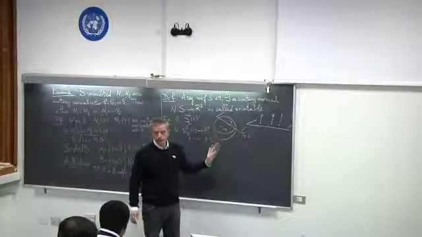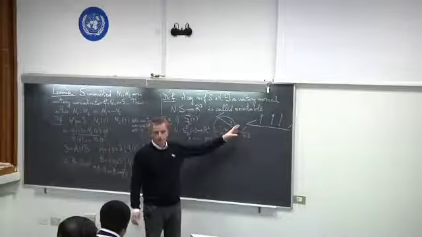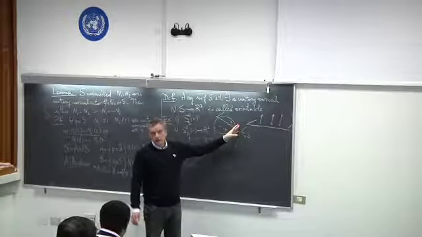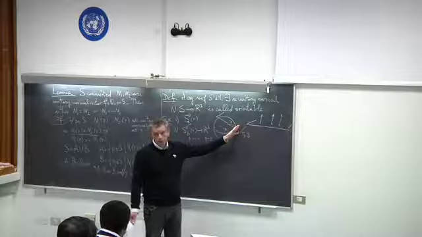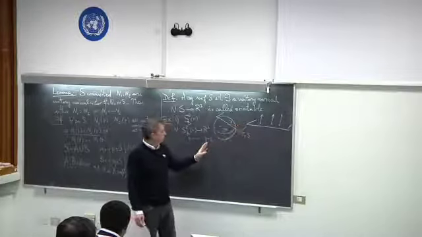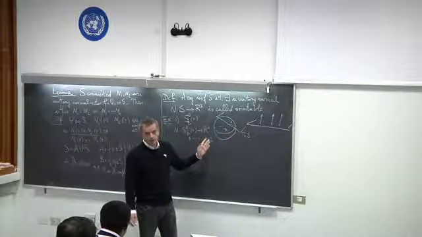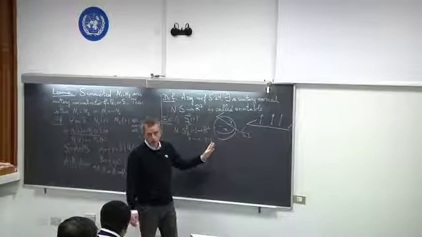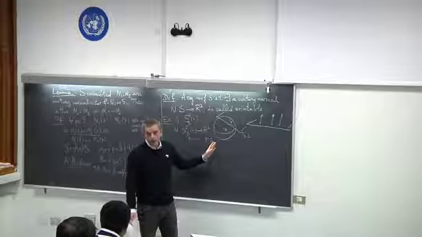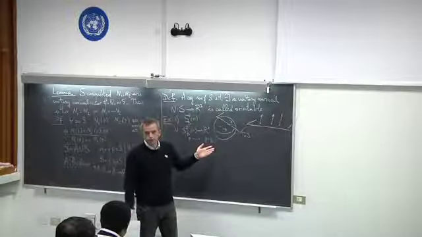We know it, it's the characterization of the tangent space to the sphere. But it is not unitary. How much is the norm of this? R, by definition of the sphere.